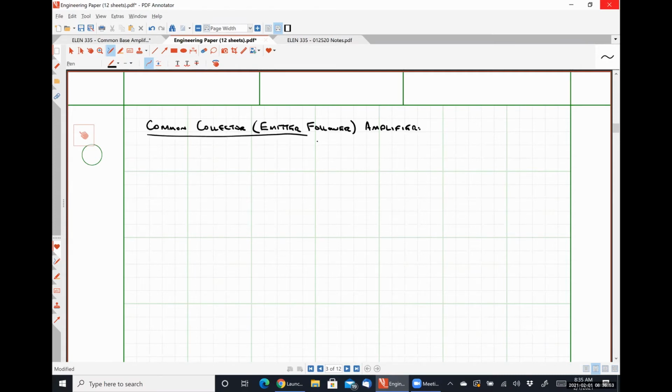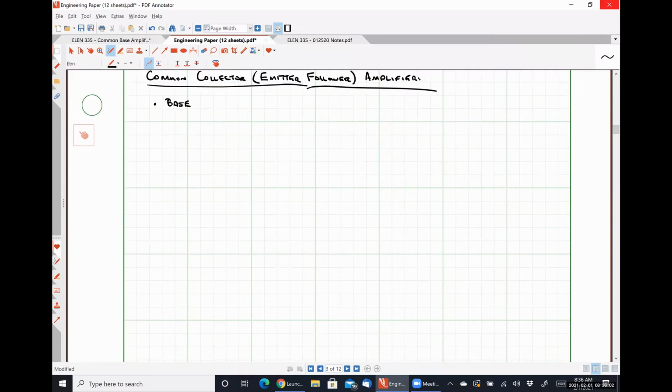All right. So the base version of this amplifier, or the most simplistic model, would be something like this.